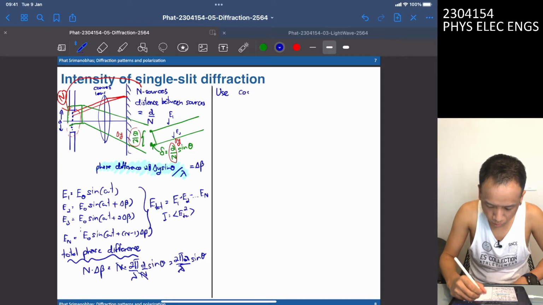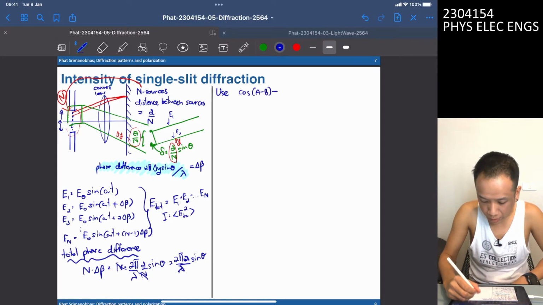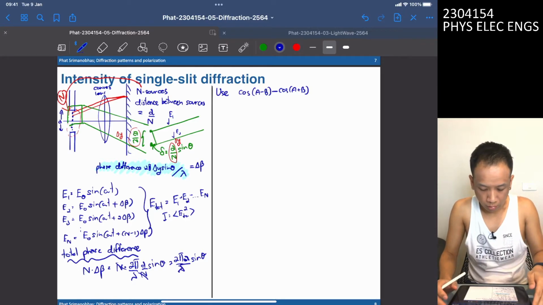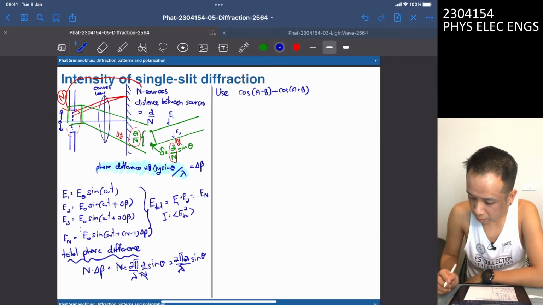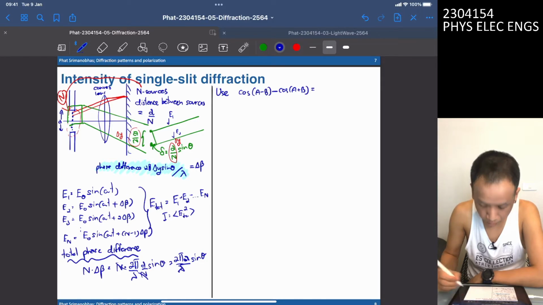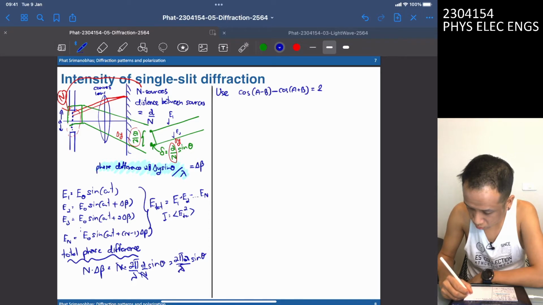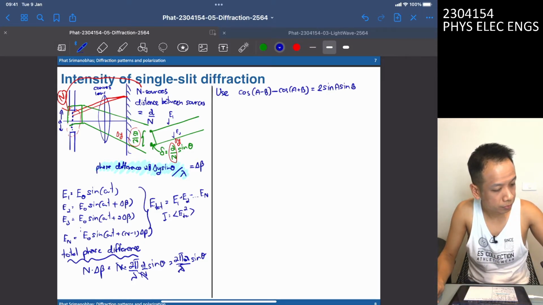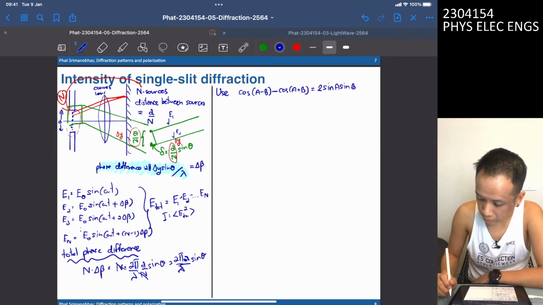We use cosine of a minus b minus cosine of a plus b, which is equal to 2 sine a sine b. So let's start.